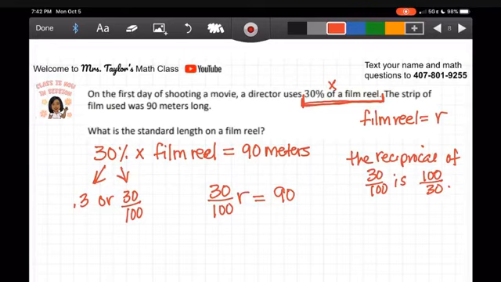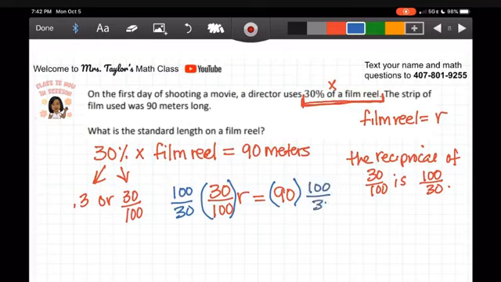So I'm going to multiply, let me change colors. Multiply both sides by 100 over 30. Okay? So on this left-hand side, they cross out to equal 1. So you're just left with R.